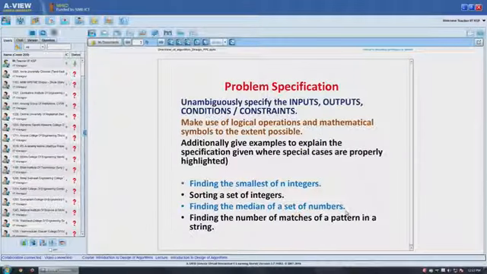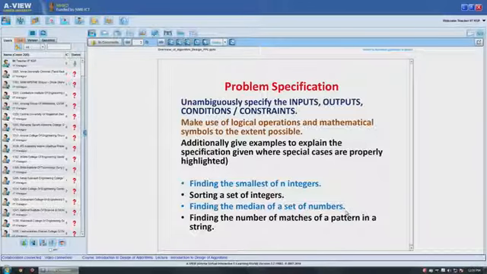The median of a set of numbers is that number for which there are equal number of elements which are less than or equal to it and greater than or equal to it. So, how would you specify the median of a set of numbers? It is very important for you to see that the median could be a single element, could be multiple elements, because if there are an even number of elements, then how would you define a median?